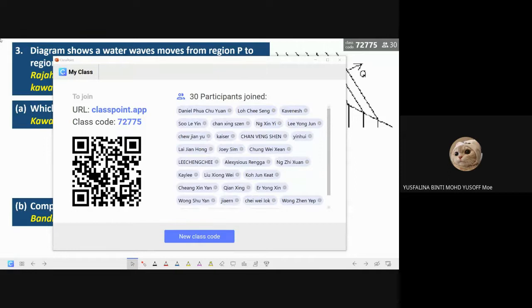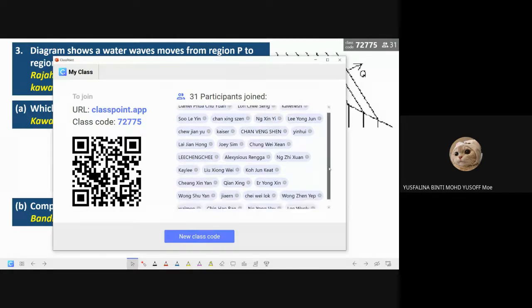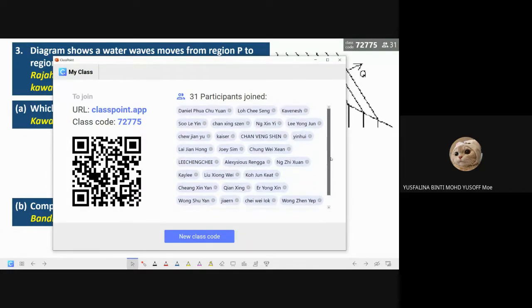I will give you the link and also the code. Two more people who are still not joining the link. It should be 35, so three more.